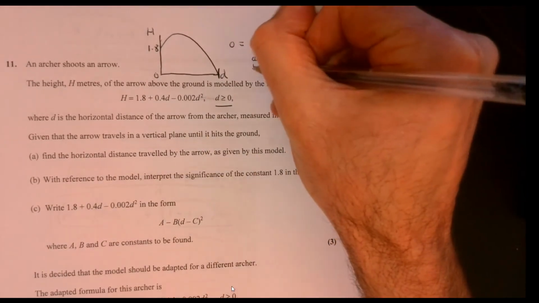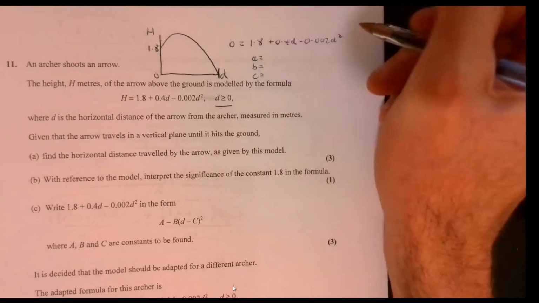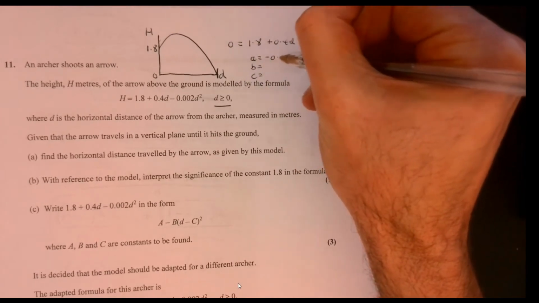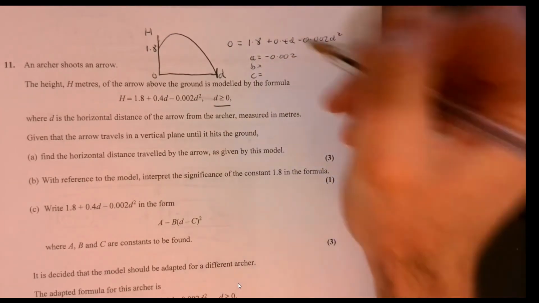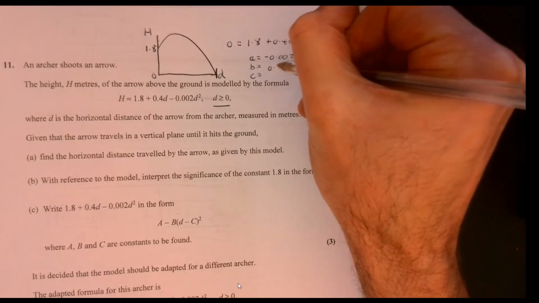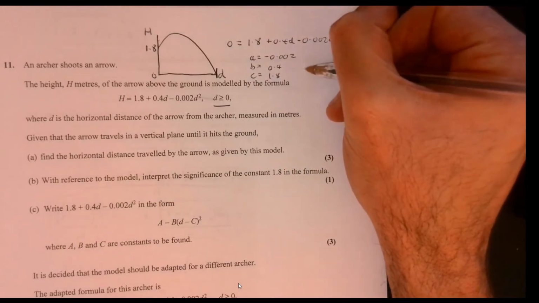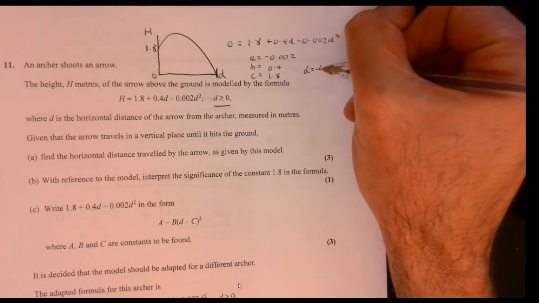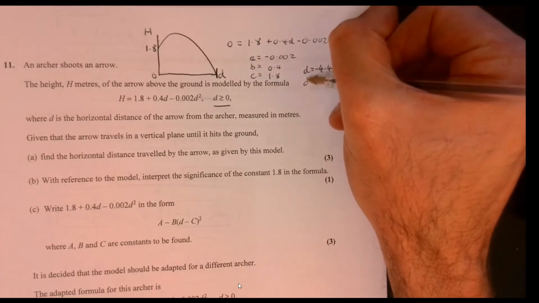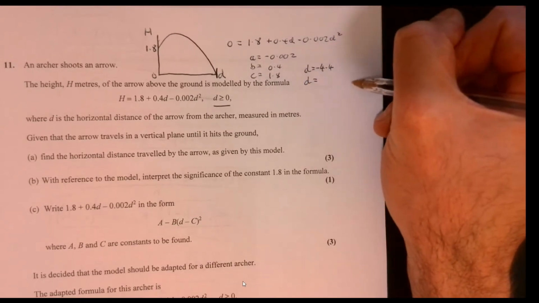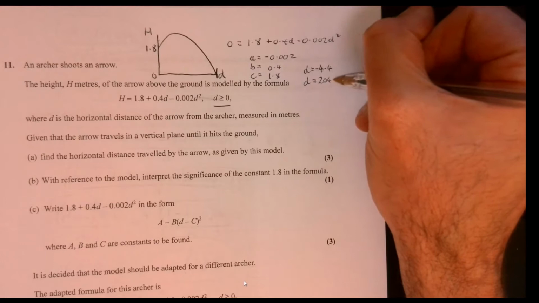So we've got a, we've got b, we've got c. So a is minus 0.002. I'm not going to do this bit for you, but just sub these values into the quadratic formula. And what you should get is d is equal to minus 4.4, or d is equal to 204 meters.